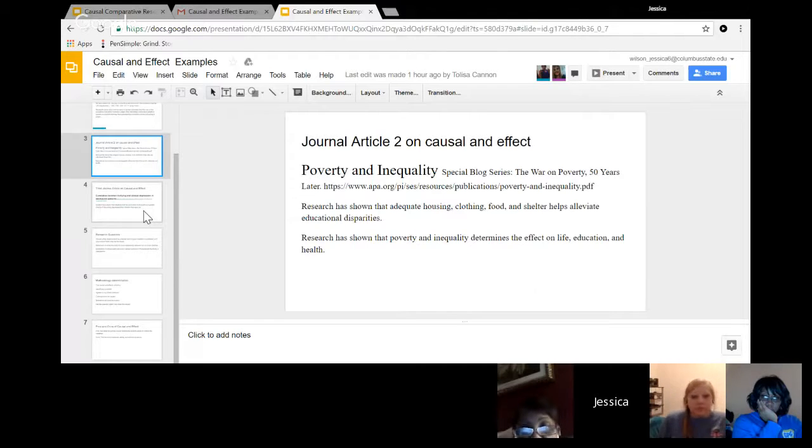Research has also shown that poverty and inequality determine the effects on life. If you don't have the education, then that's going to dictate basically whether you live in poverty or not, or it's going to determine a lot of effects in your life. And education is up there with the core of what you should have in order to alleviate some of the poverties and inequalities mentioned earlier.